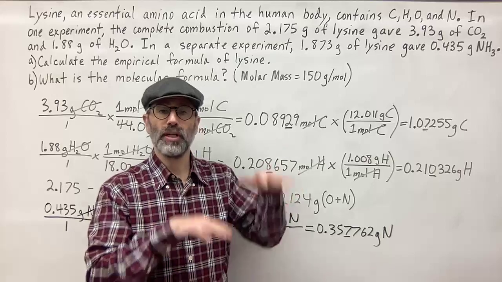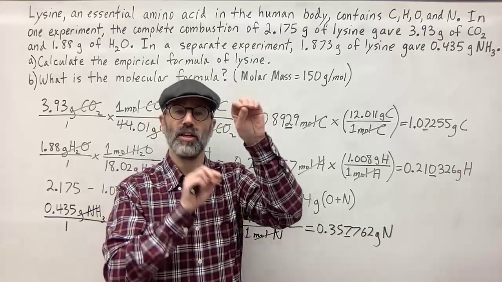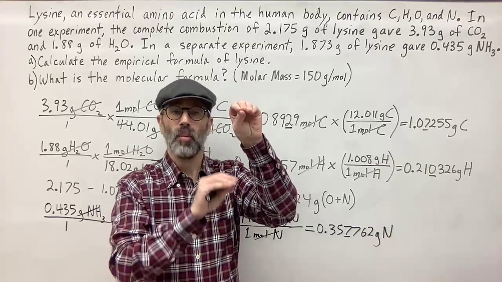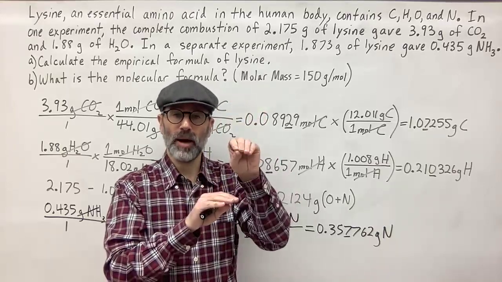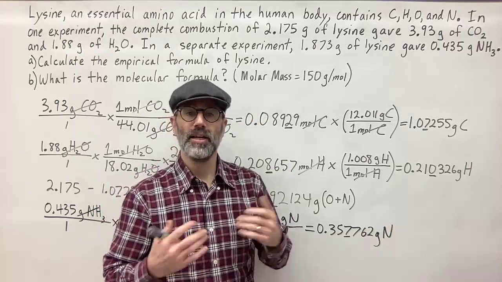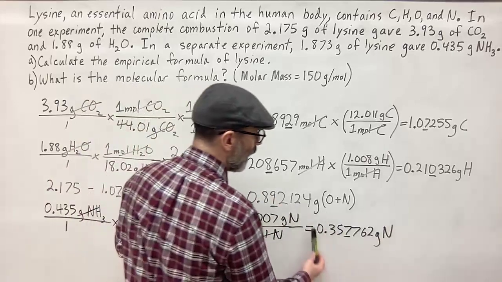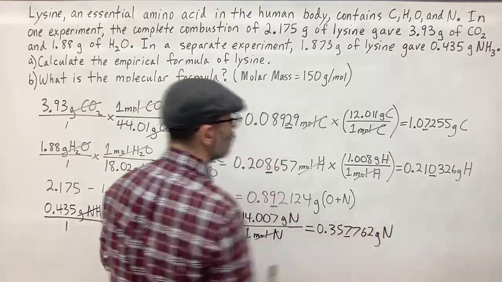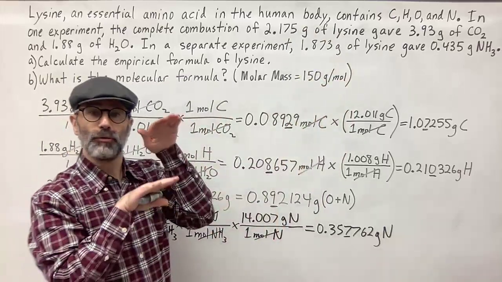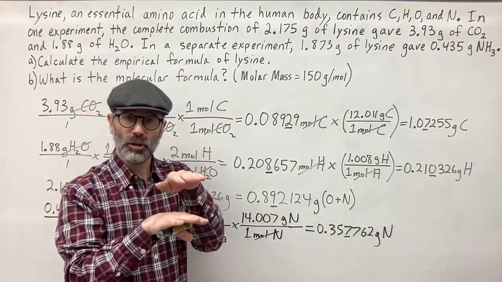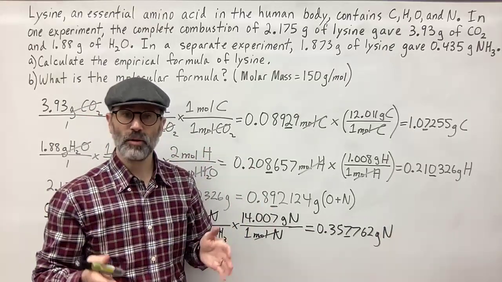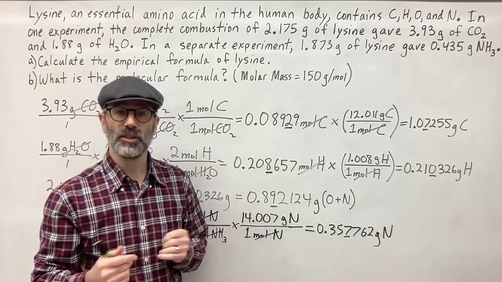All I'm doing is taking the mass of nitrogen, dividing it by the mass of the whole sample, multiplying by 100. If I don't multiply by 100, I don't get the percentage, but I still get the fractional amount. Here, I have the mass of nitrogen and the mass of the original sample, so I have the fractional amount. The fractional amount of the element in a substance is always the same, no matter how much of the substance you have.